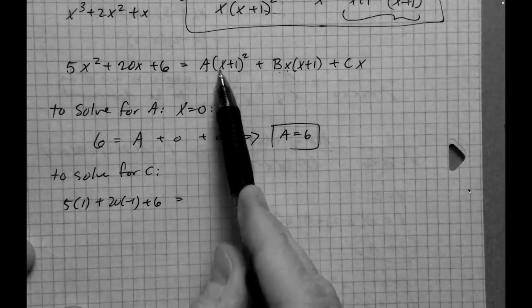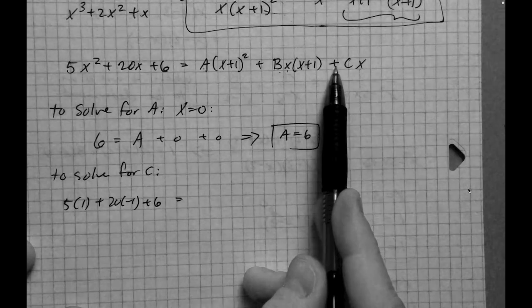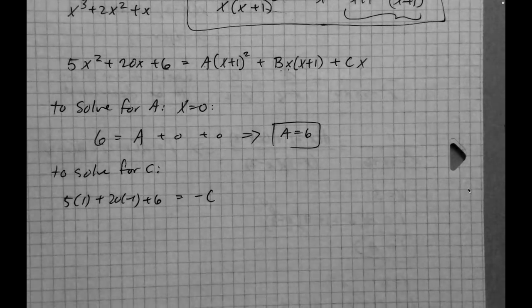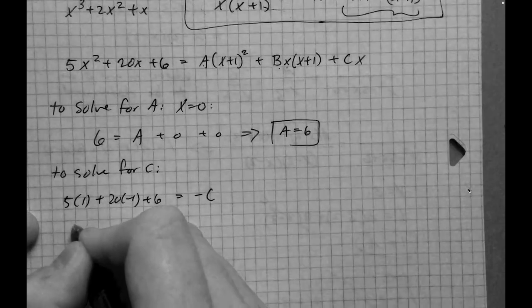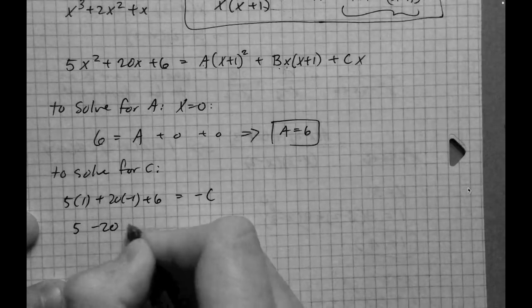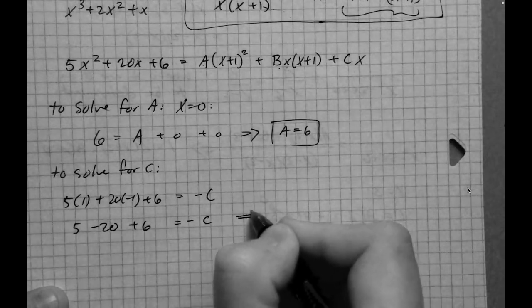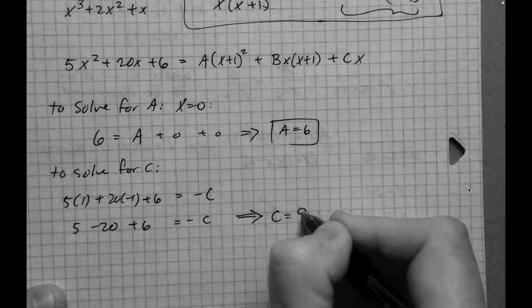And that's going to be equal to 0 plus 0 plus C times -1, so we'll just put -C. So that means I've got 5 minus 20 plus 6 equals -C, and so that implies that C is equal to 9.